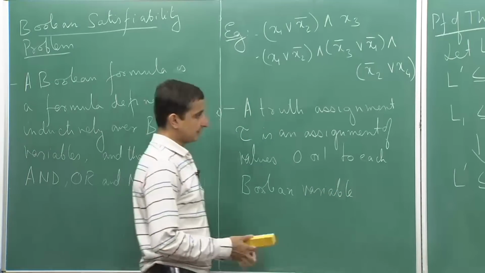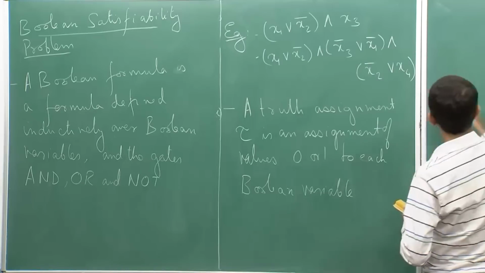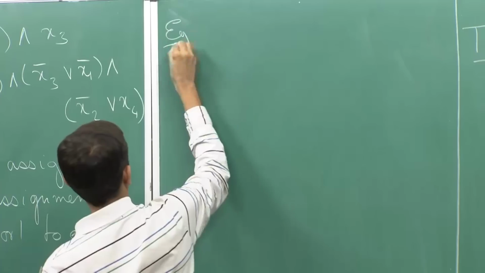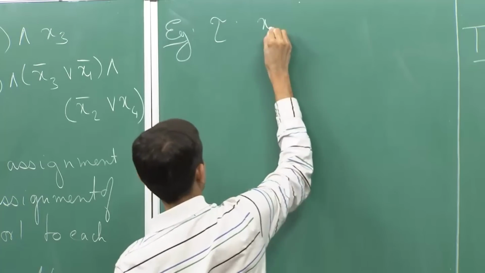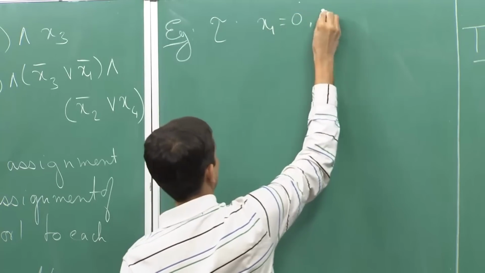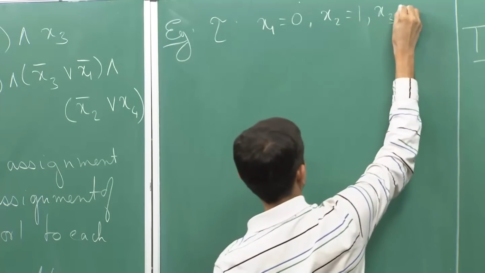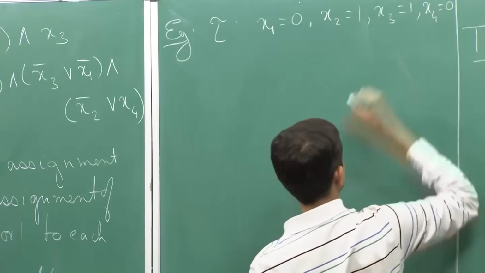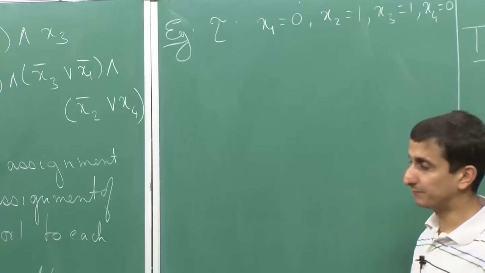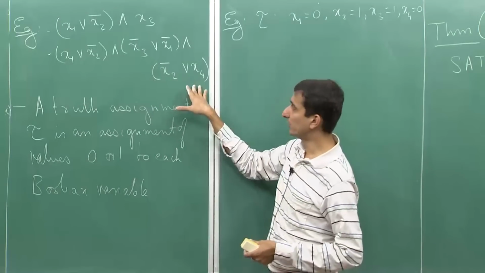For example, let us look at a truth assignment tau which gives x1 equal to 0, x2 equal to 1, x3 equal to 1 and x4 equals 0. Under this assignment, what is the value of this Boolean formula?